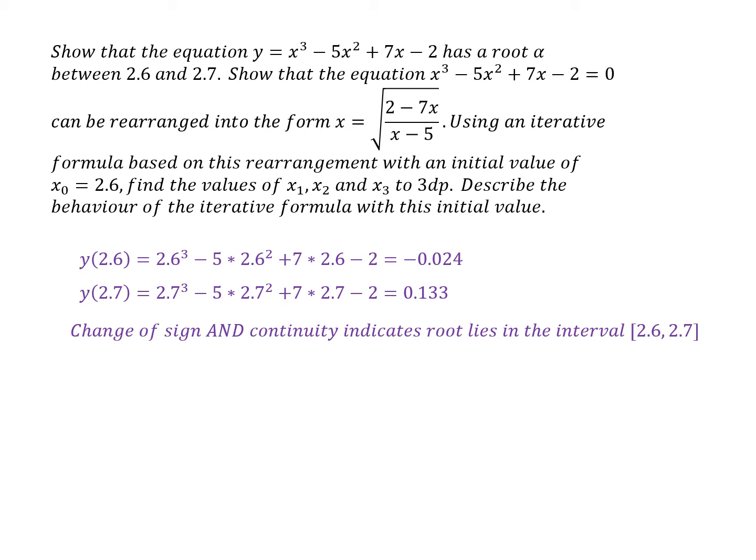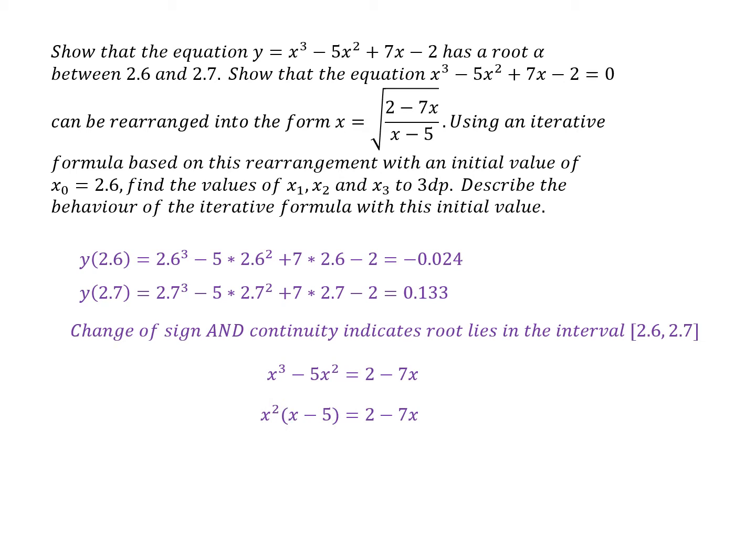So now we've got to show that we can rearrange the equation into this form. So taking that equation, starting off by moving the 7x minus 2 over to the other side, leaves me with x cubed minus 5x squared equals 2 minus 7x, because they've been moved over to the other side.